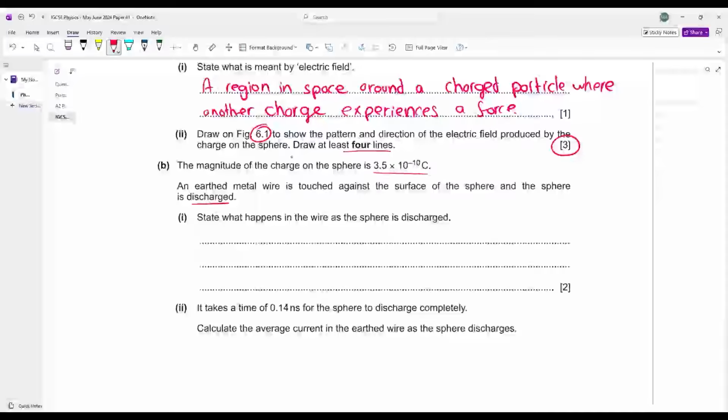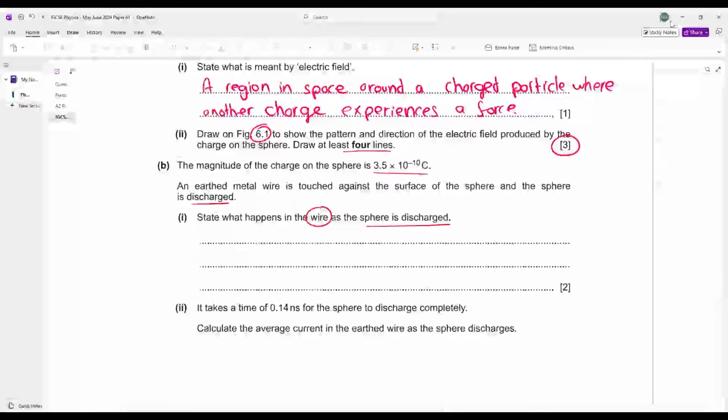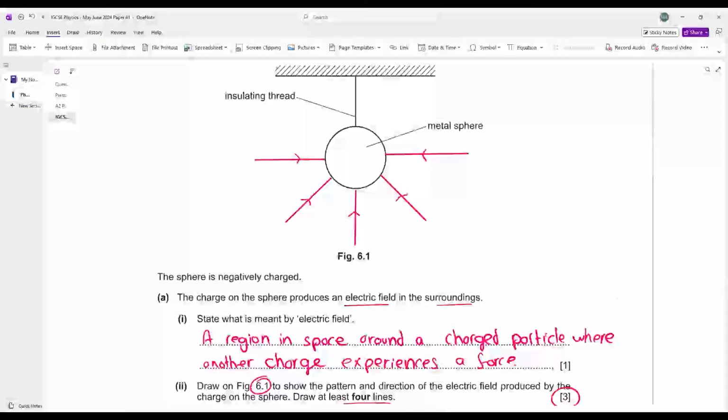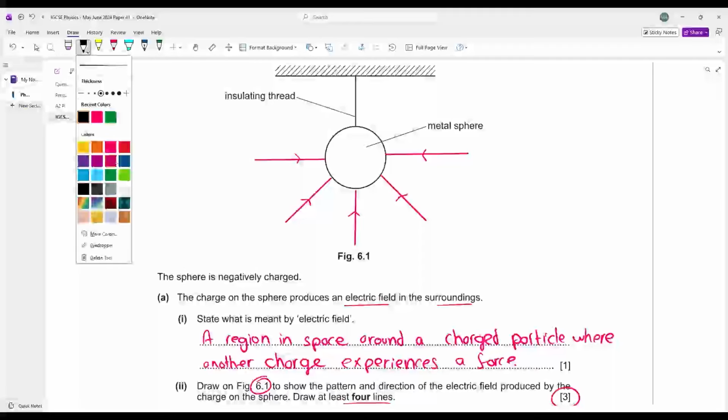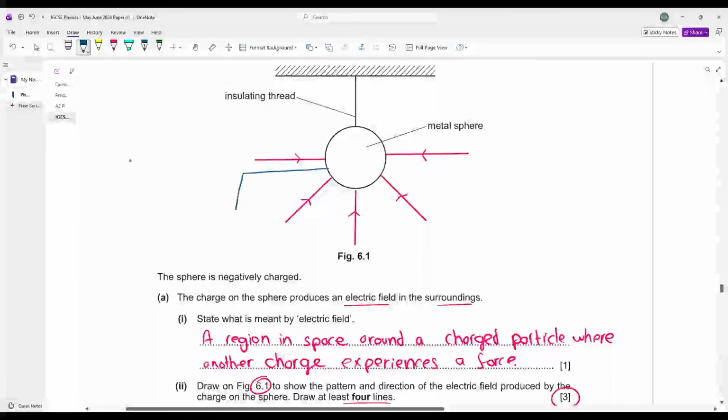State what happens in the wire as the sphere is discharged. बेटा once you apply an earth wire, जैसे ही आप इस स्फीयर के साथ एक अर्थ वायर लगाओगे, what will happen? Electrons will flow from the sphere into the earth through the earth wire. Let me actually put an earth wire here. Let's say आपने यहाँ पे एक अर्थ वायर लगा दिया.